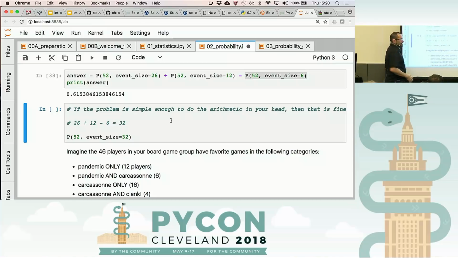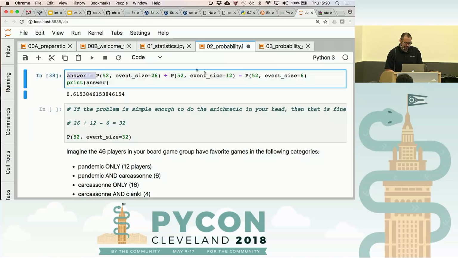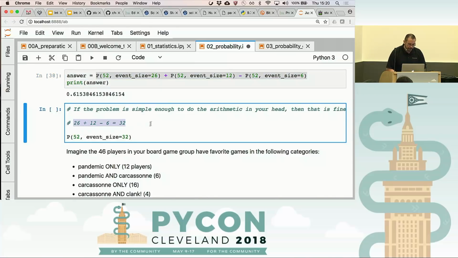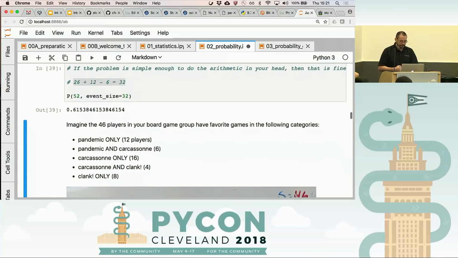So I can actually just say my event space is 32 cards that are either red or they're kings, queens, and jacks. And so I don't necessarily have to do this if I can do it in my head or manually. You just got to make sure that you get event A, event B, and you eliminate that duplicate, and boom, we get the same value. Awesome.